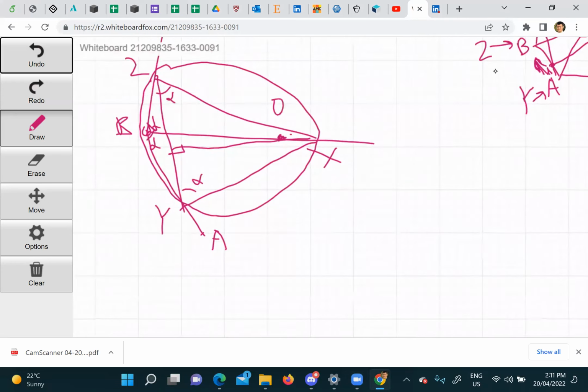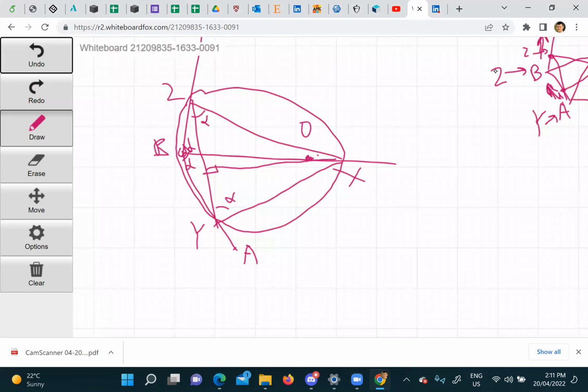Now what does Ptolemy state? Ptolemy states the product of opposite sides equals the product of diagonals in cyclic quads. Is that true? Maximize by sum of product. Yeah, okay. Let me write this out.